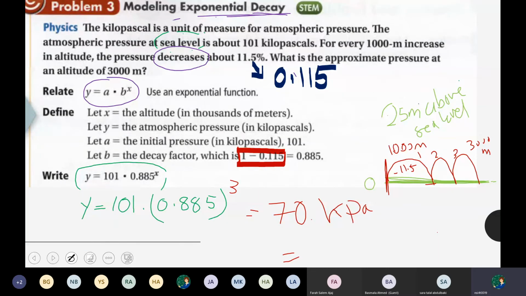Because here, as we said, it starts with 101. If the altitude increases, the kilopascal will decrease. As you see, it started with 101. If you reach 3,000 meters, it will be 70.